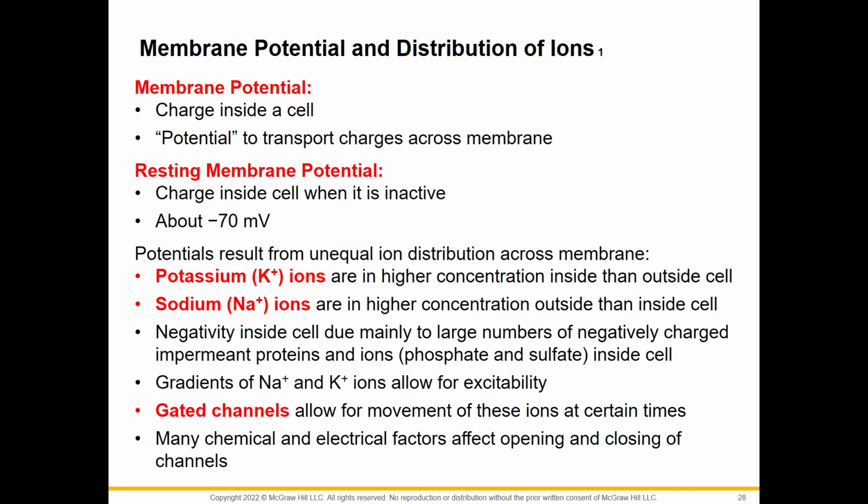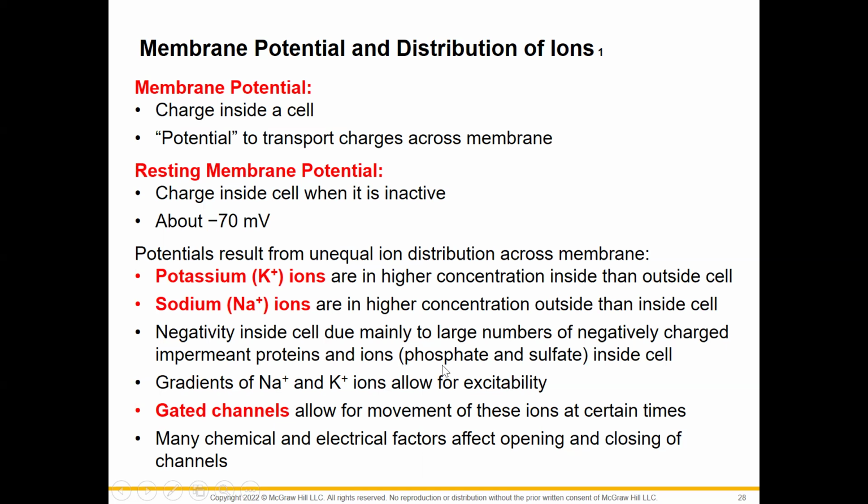It is stuck where it is because those membranes are selectively permeable. They only allow certain things with certain charges and certain sizes to cross the membrane. Proteins are too big to cross, so that is going to help to create the membrane potential to make the inside of the cell more negative. So not only do you have the impermeant proteins, but you also have your ions.